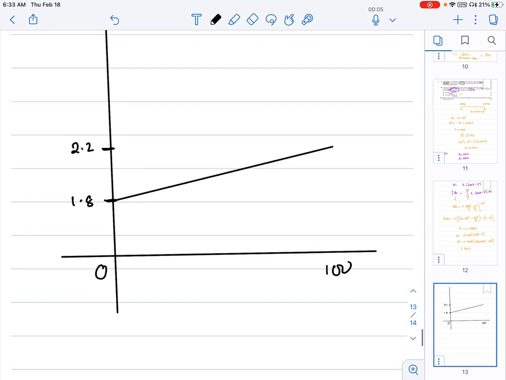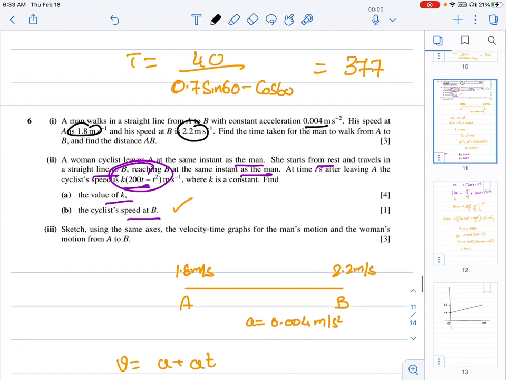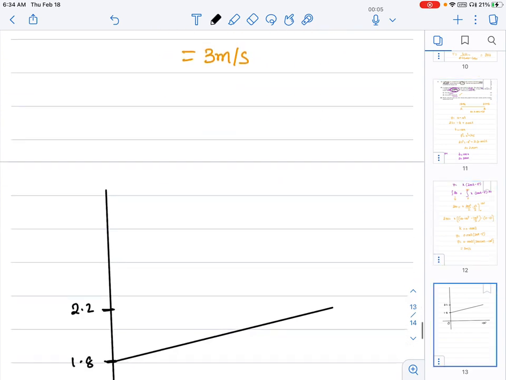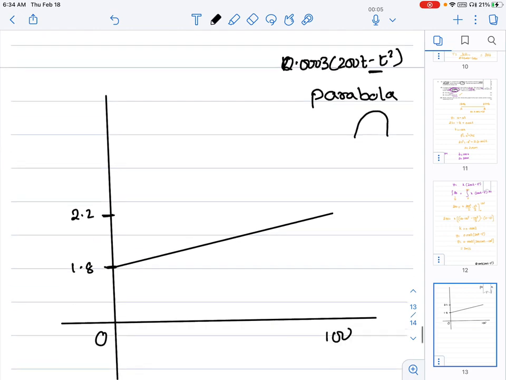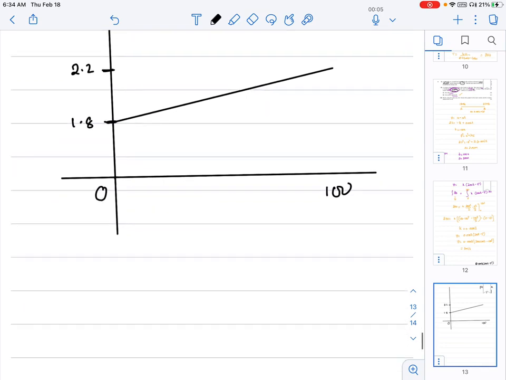Now for the woman. She is also starting from rest, 0, but she's going with 200t minus t square. For the woman, the formula is k is 0.003 times 200t minus t square. So it should be a parabola, but it should be upside down, starting from 0, 0.